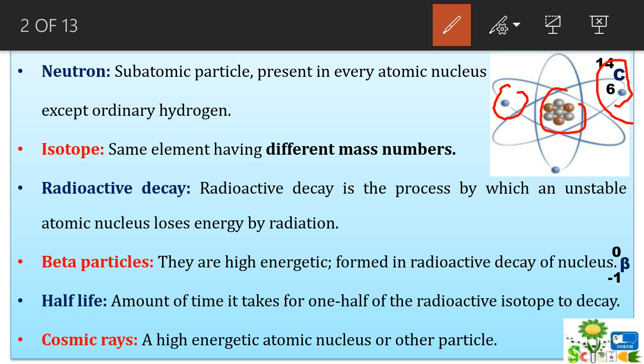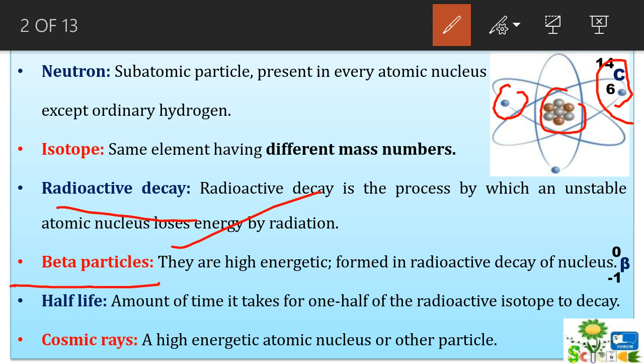So with passing time they lose energy in the form of radiation. This process in which an unstable isotopic radioactive nucleus loses energy by radiation is called radioactive decay, and during this process the energy is lost in the form of a beta particle.